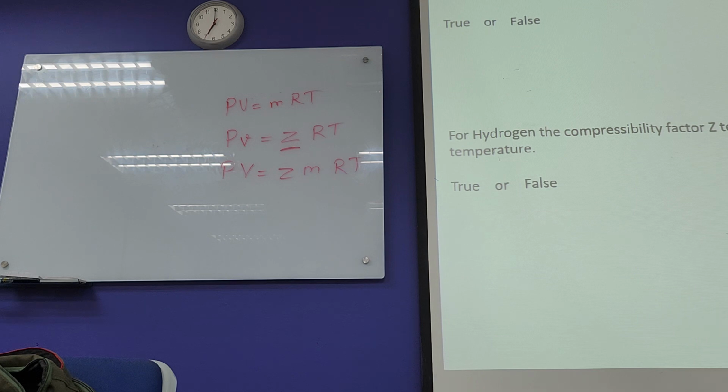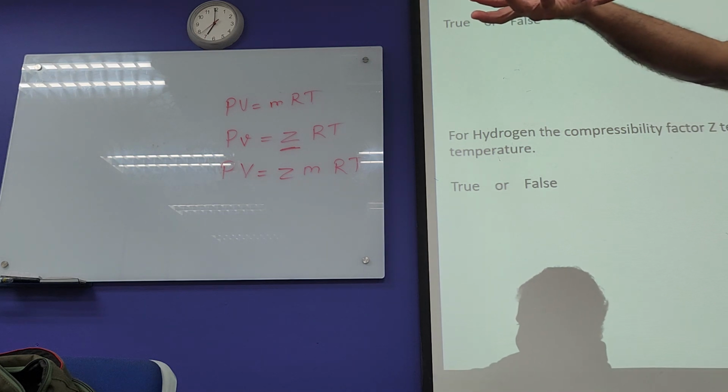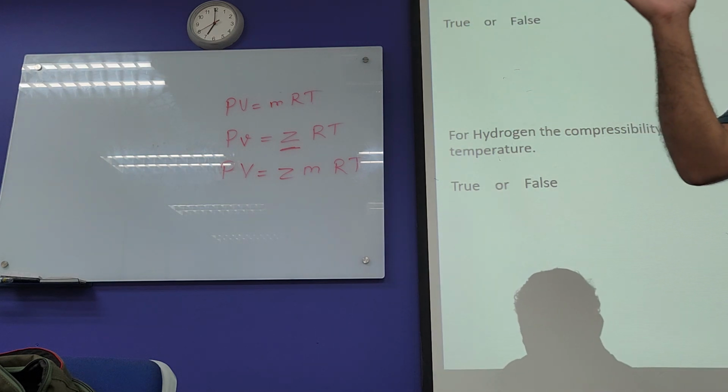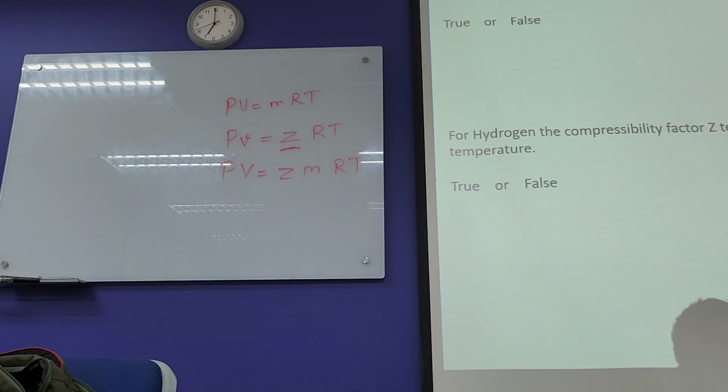So if I leave that at sea level, it reads nothing. The gauge pressure will be 0, but absolute pressure will be 1 atmosphere, right? So when we say pressure tends towards 0, we are talking about vacuum, very, very low pressure.